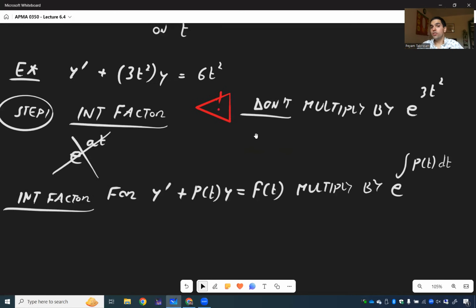And it's kind of cute because it looks like Yelp, because e to the integral of p of t is like e to the LP.